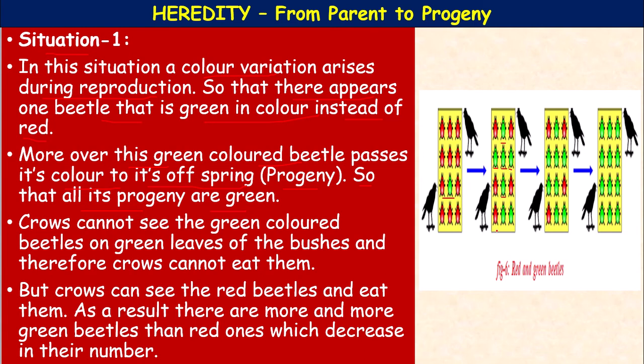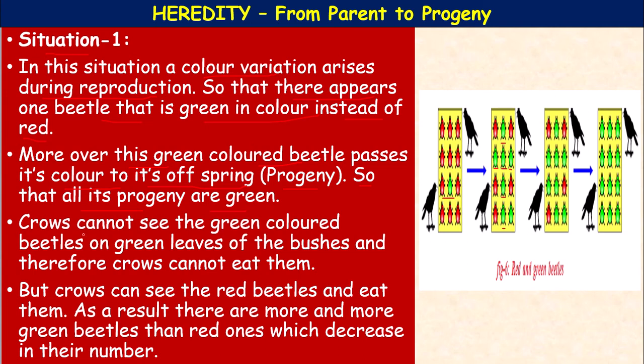Out of 12, first only one green beetle was there. Now, total 7 green beetles and only 5 red beetles. In the next, the red beetles are more decreased: 8 green beetles and 4 red beetles, and finally all are green beetles only.